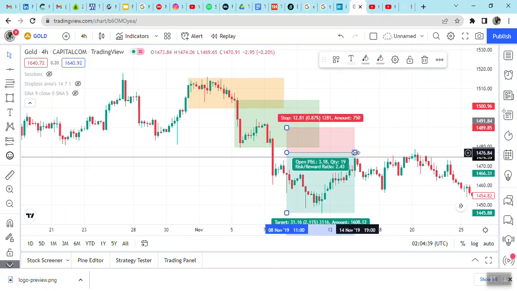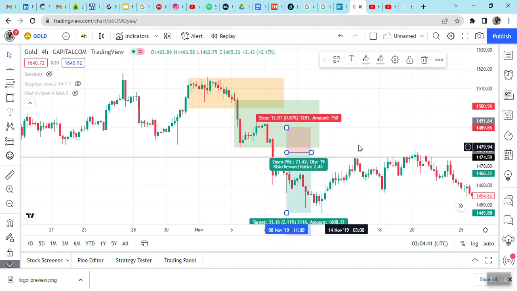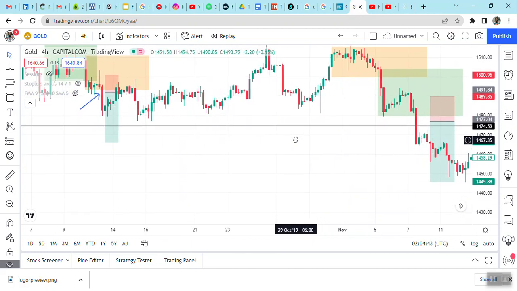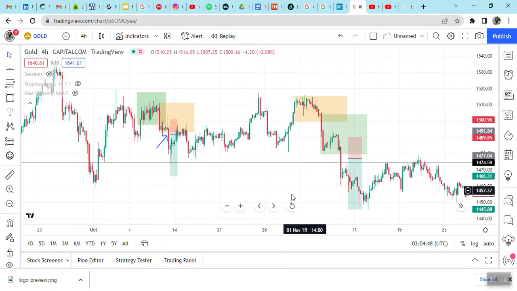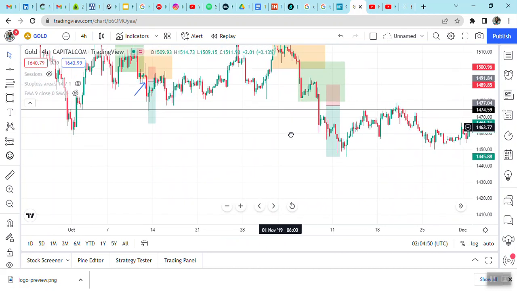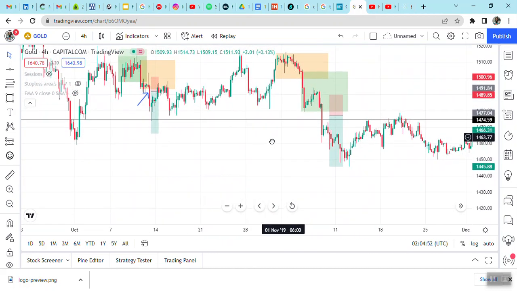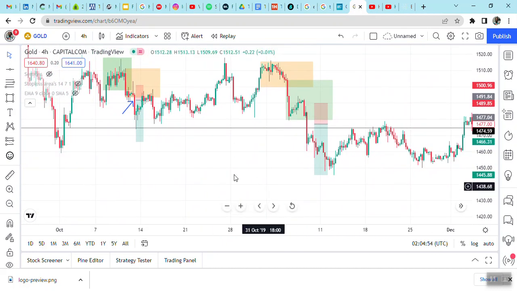And how do you set your targets? You want to put your targets on a significant reference point on the chart, or you can look for a major key level.